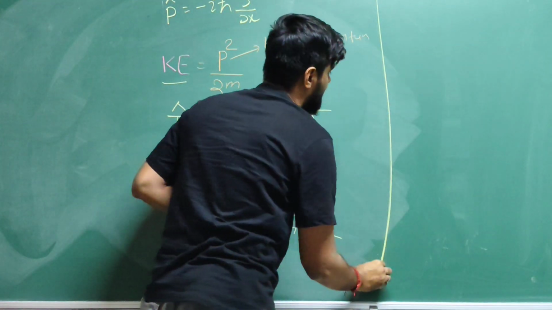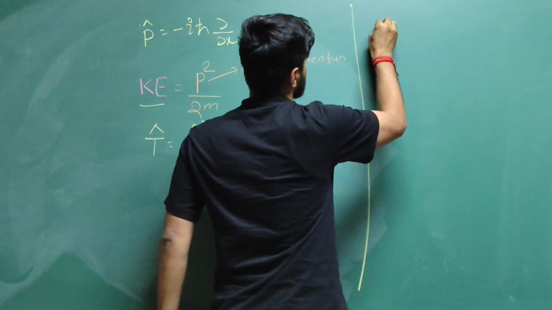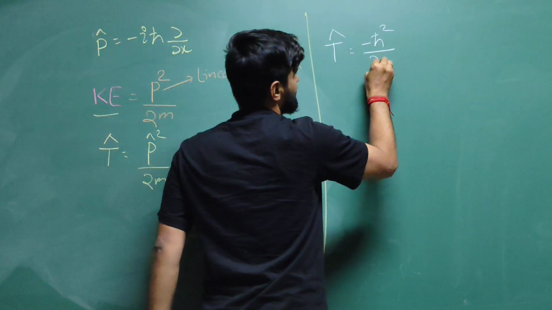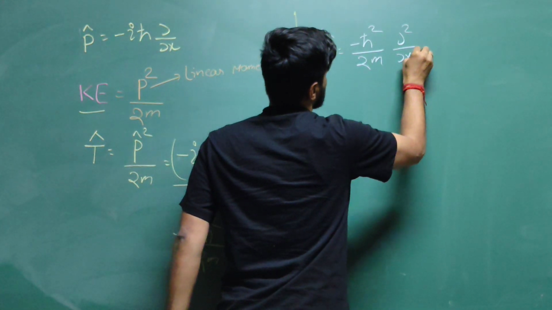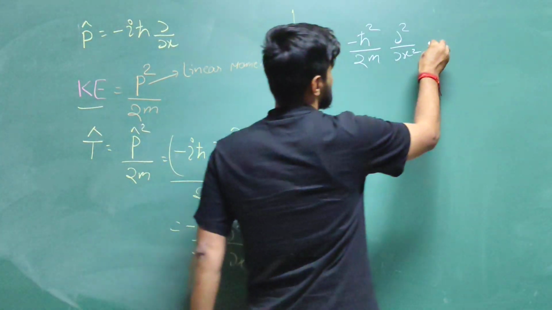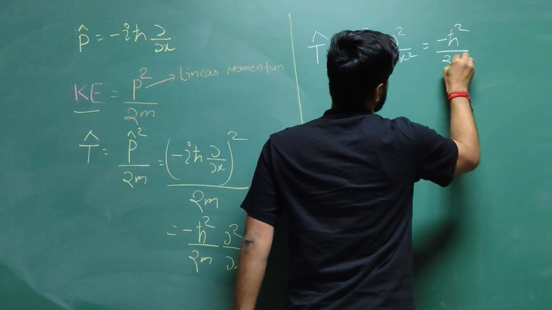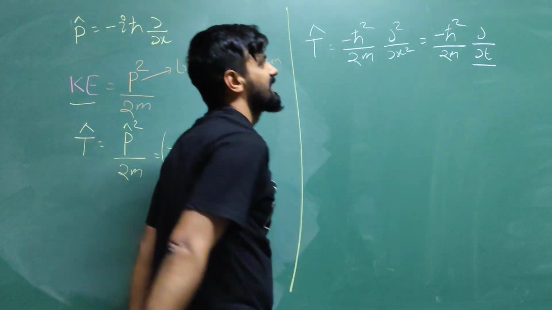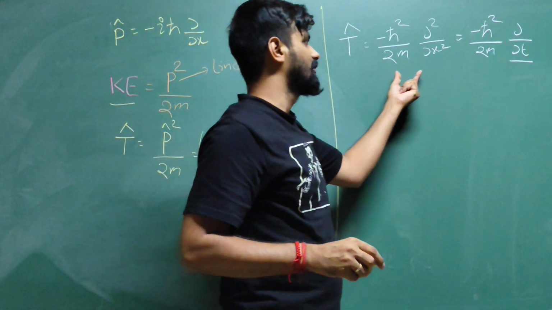So finally we are able to derive the kinetic energy operator, T cap, that is equal to minus h bar square divided by 2m del 2 by del x square. Sometimes it can also be written in another form, so you don't have to get confused because it can be written in both these ways.